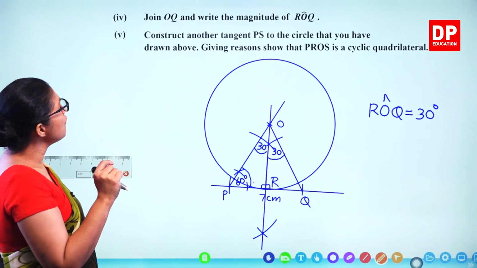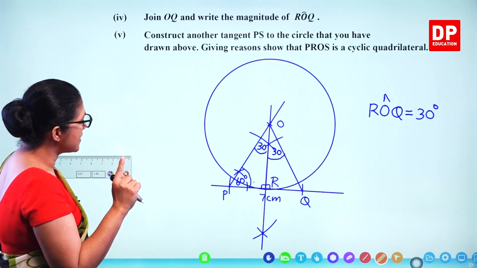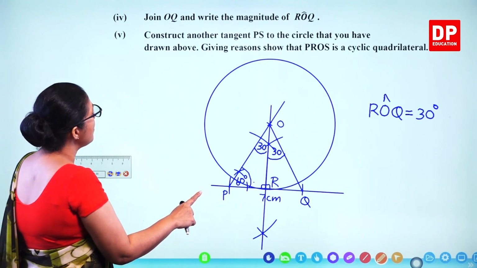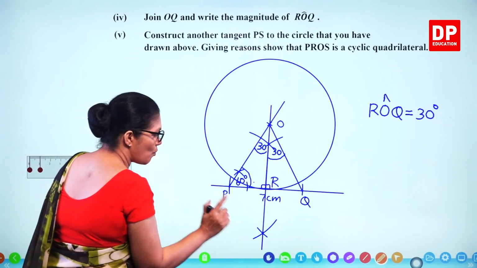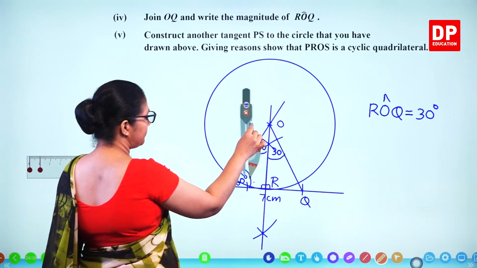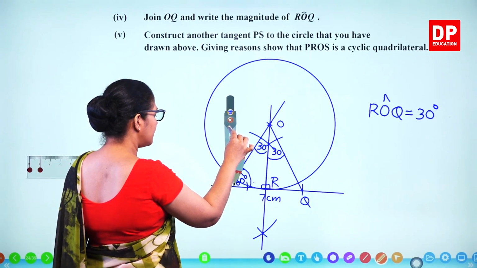Then fifth part, construct another tangent PS to the circle that you have drawn above. So PQ is a tangent, one tangent. So what you can do, you can take the compass. The lengths of tangents are equal.